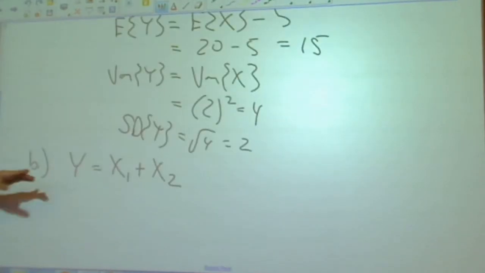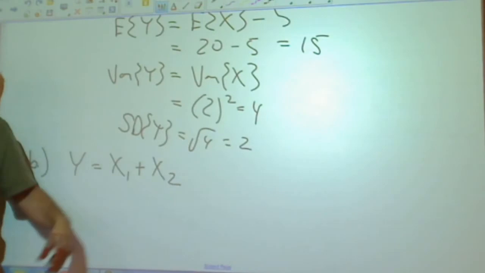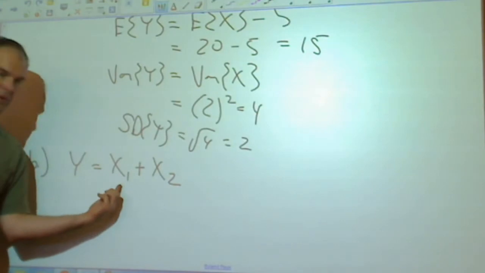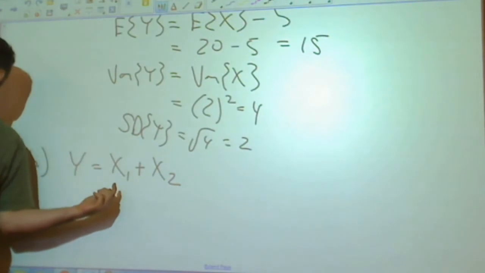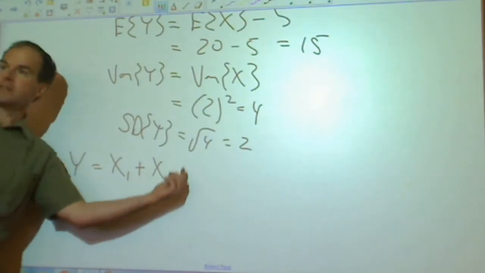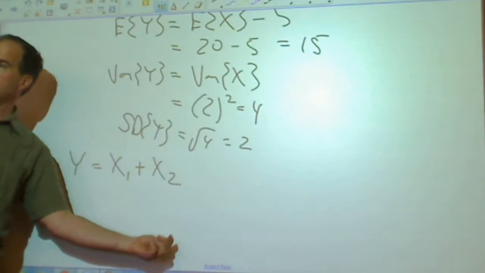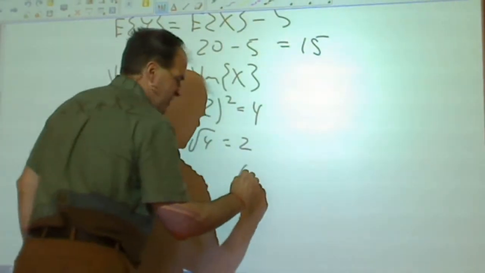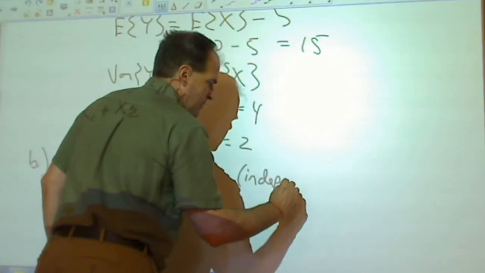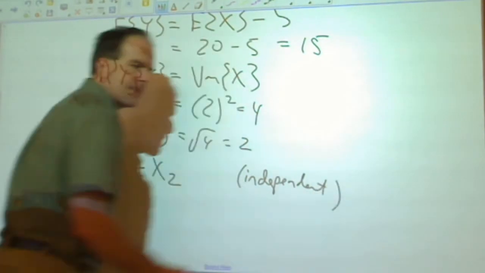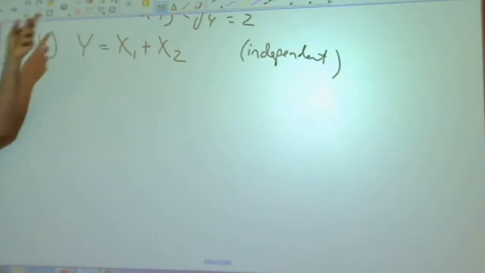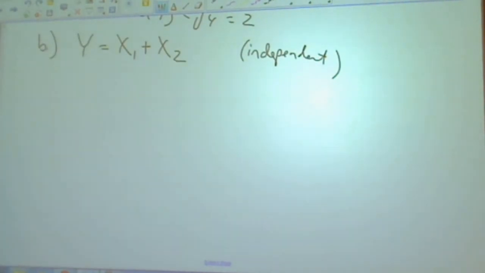Yeah, it's like two random variables of x, but think of it as one draw and then a second draw. This random variable has mean 20, standard deviation of 2. This also has mean 20, standard deviation of 2. Usually these are independent. I don't think I wrote that down. So I want the mean and standard deviation of my new random variable.